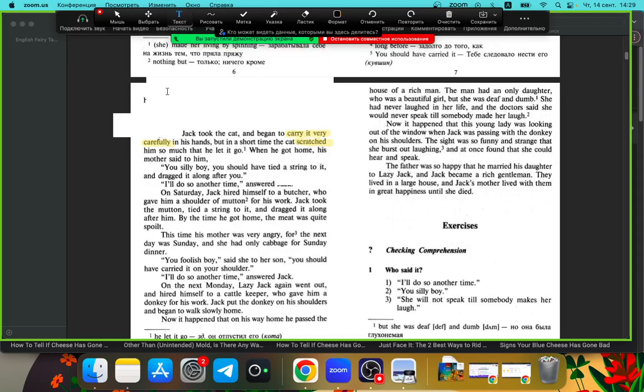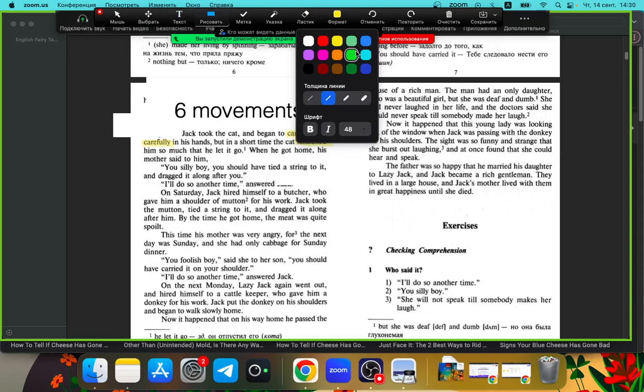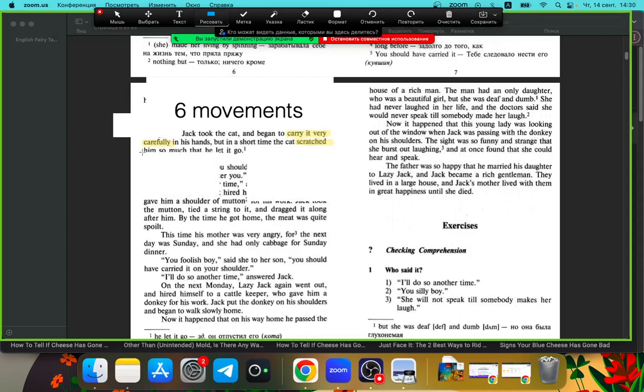So we'll write it down in number 6, motions and movements, okay? And you'll have to write down the whole sentence in the treasury chest. Everything, the whole sentence. Jack took the cat and began to carry it very carefully in his hands, but in a short time the cat scratched him so much that he let it go.